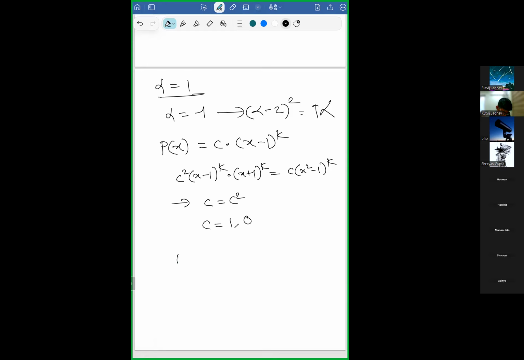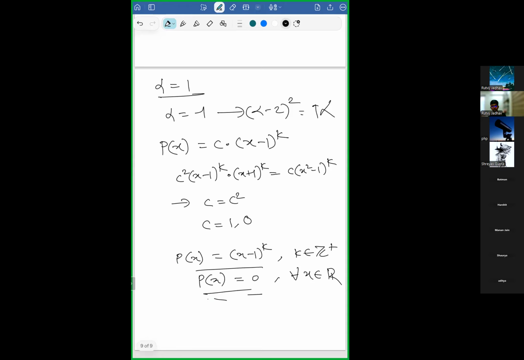So these are the solutions of p. P of x is 0 or p of x is x minus 1 whole raised to k.